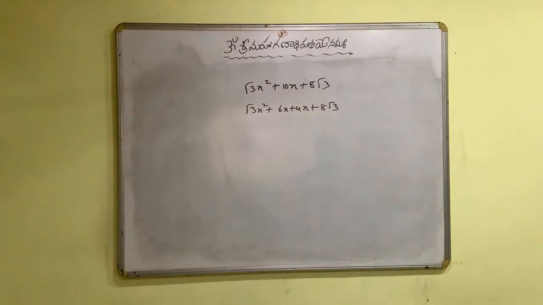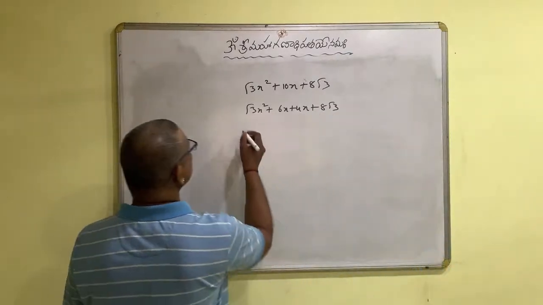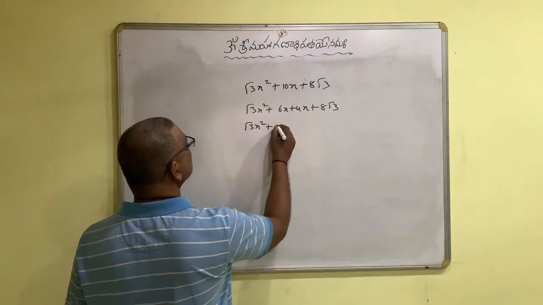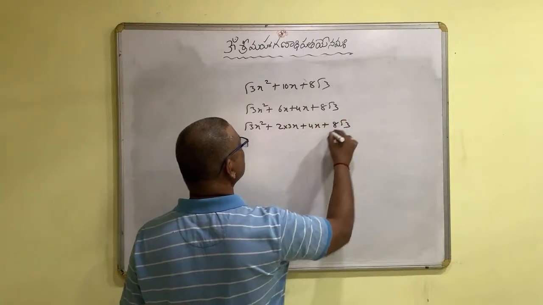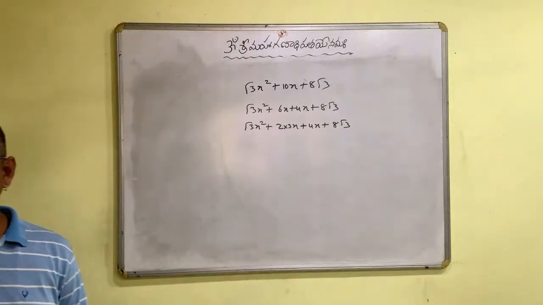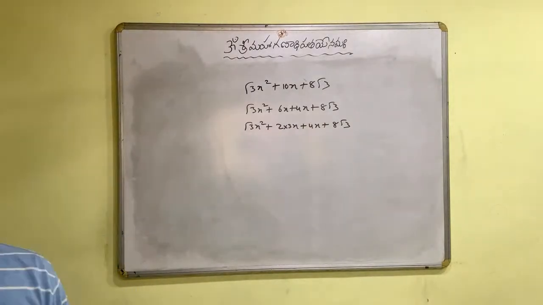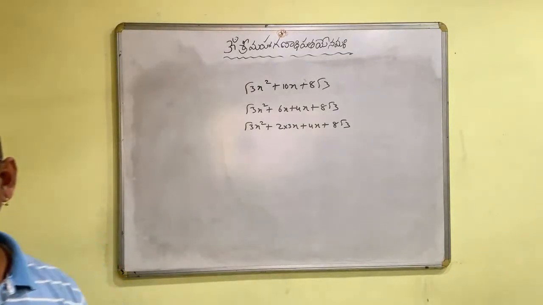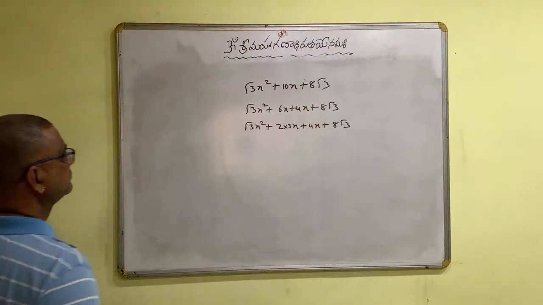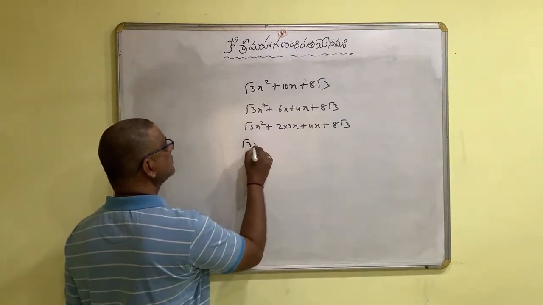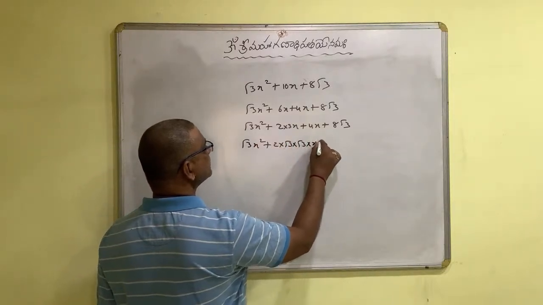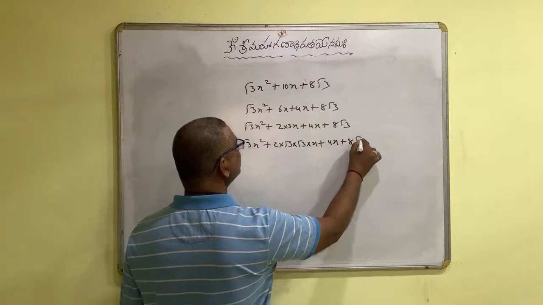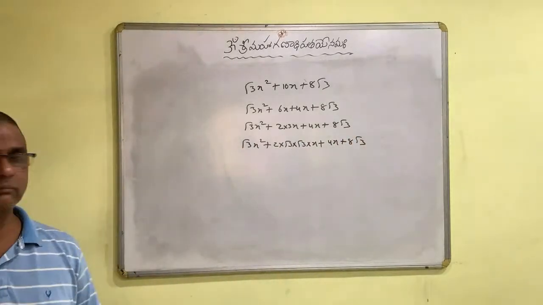Again, I am splitting 6 as 2 into 3. 2 into 3x. Again, 2 into root 3 into root 3 into x plus 4x plus 8 root 3.